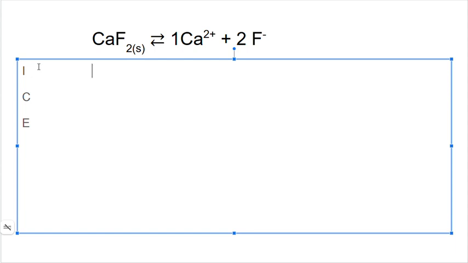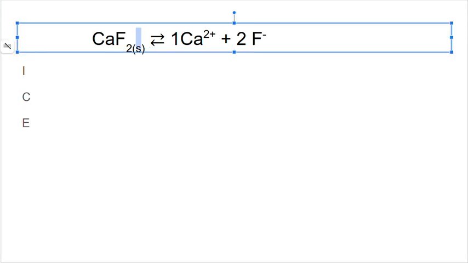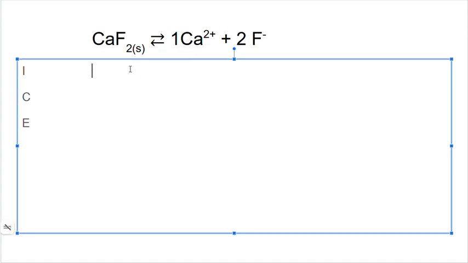Initially, and once again, we can't use this S in our calculations. I'm even going to strike through that. Oh, it doesn't let me strike through the S. But to start with, I have 0 of this and 0 of this.